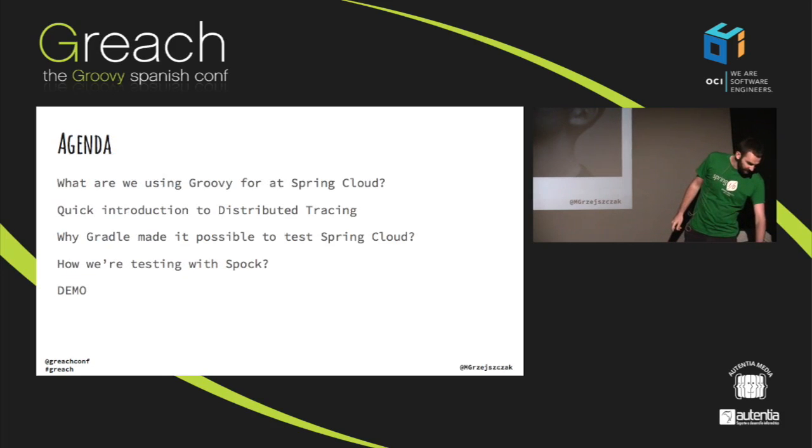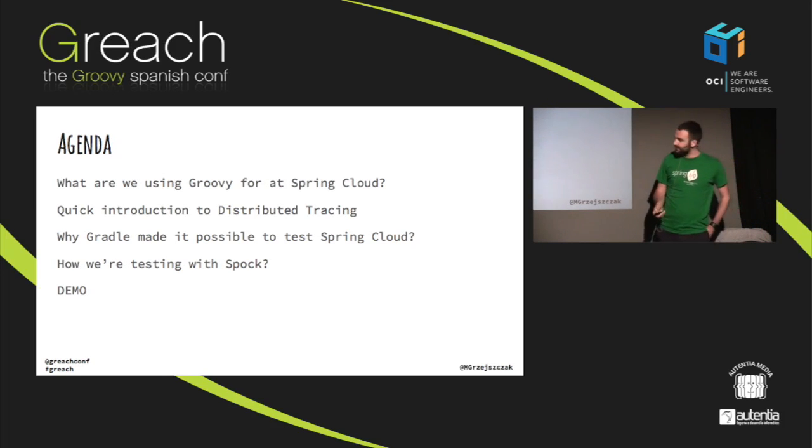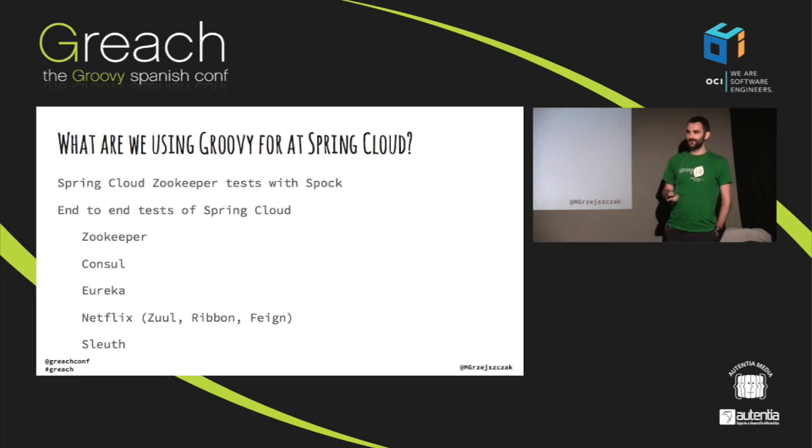Okay. So what's on the agenda? First, I'm going to tell you what we are using Groovy for at Spring Cloud. Then, in order to show you how we're using Groovy and Gradle, I will need to give you a very, very short introduction to what distributed tracing is, so that you get the examples that I'm going to show you later. But it's going to be a very short introduction.